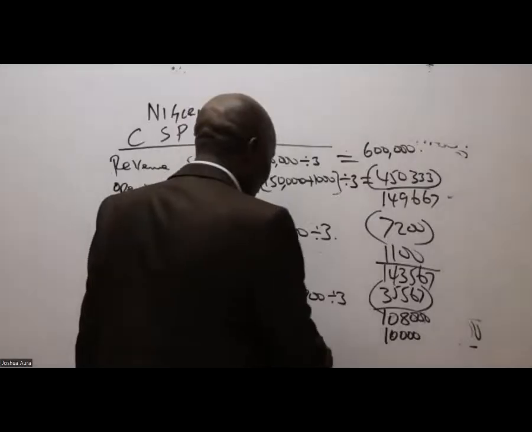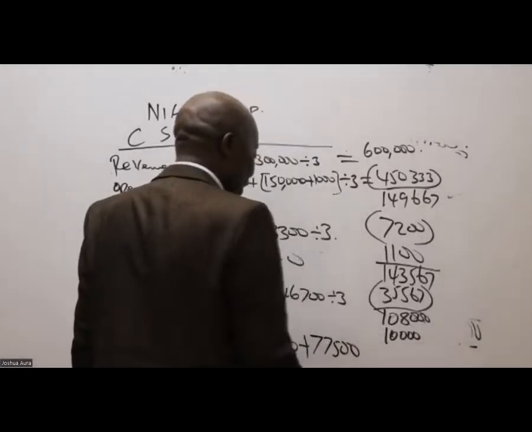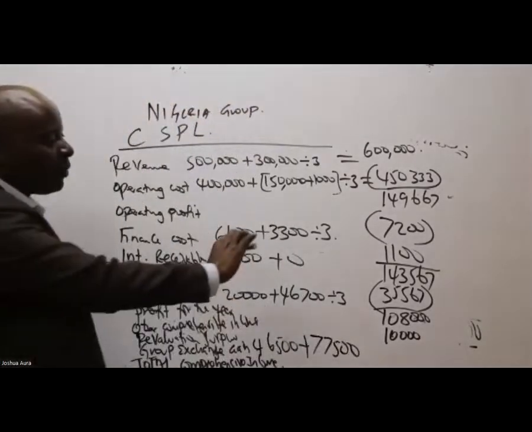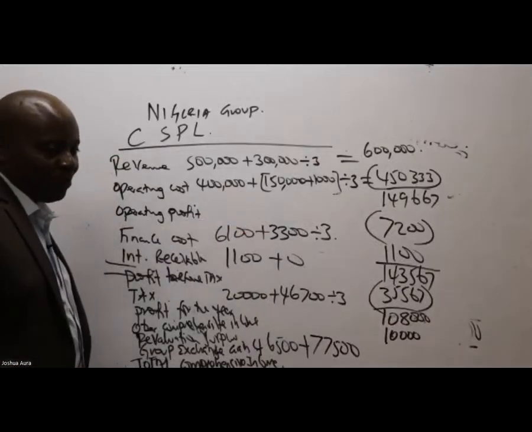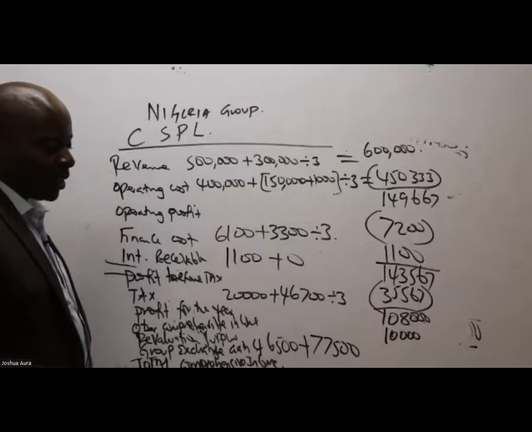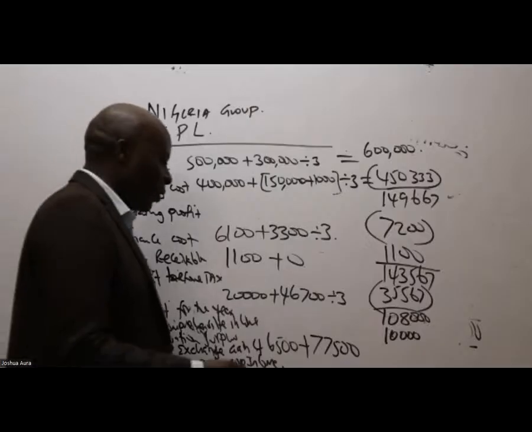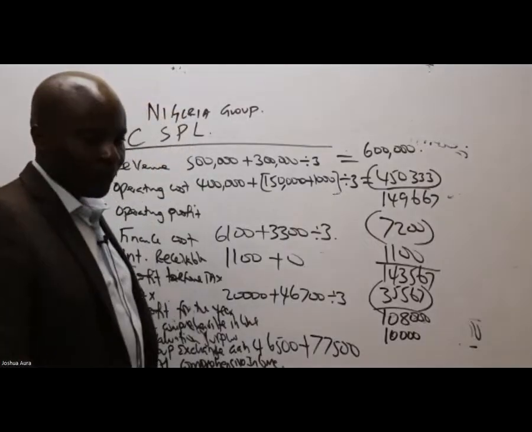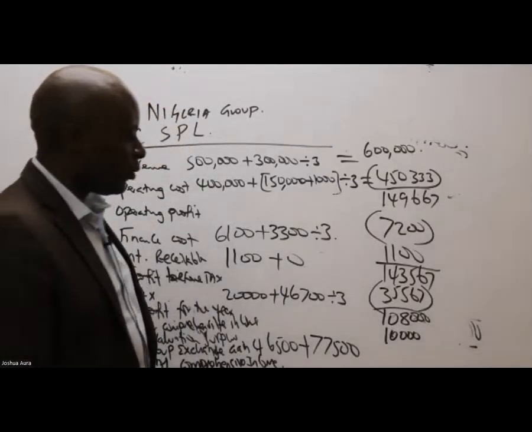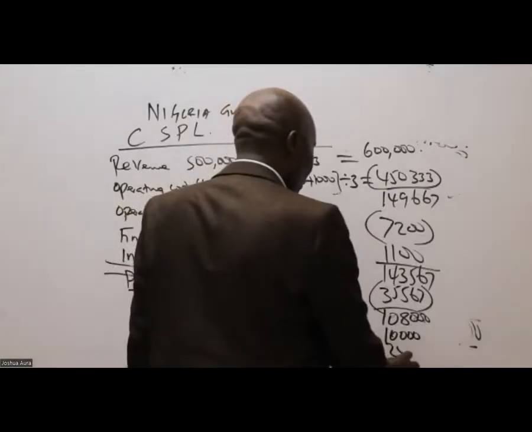Goodwill, I can't remember very well. Here we don't share at all, because sharing normally goes down in the income statement, and I shall never do that in an exam. So 46,500 plus 77,500, how much do we have here, somebody? 124,000.